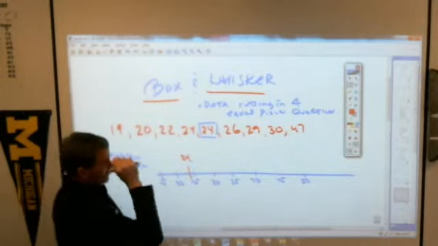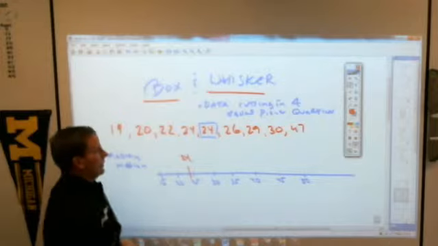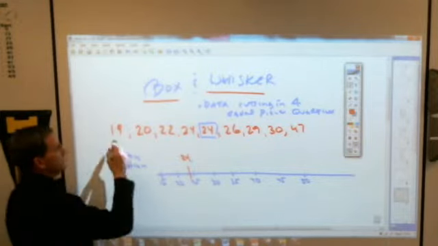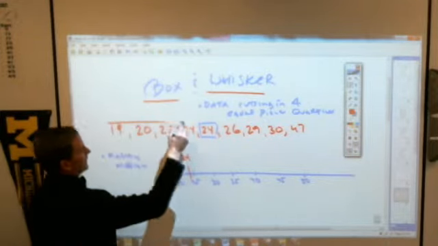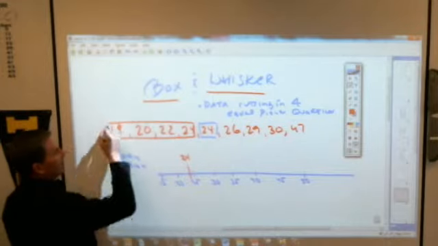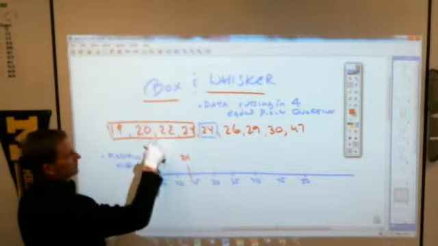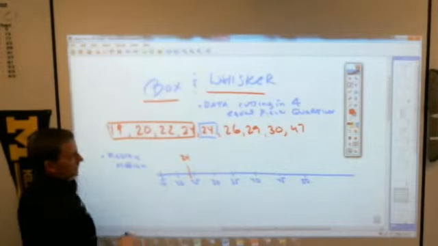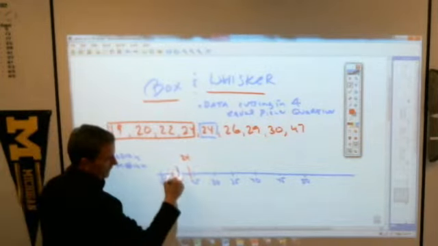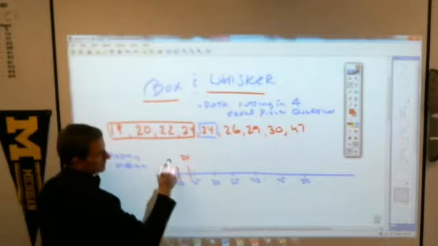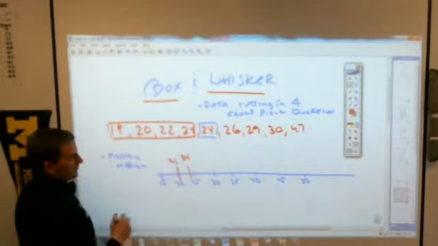Then I look at the lower section and I find the median of that. You look at the middle, there are 2 numbers in the middle, divide by 2, you get 21. So right here at 21 is my lower part.